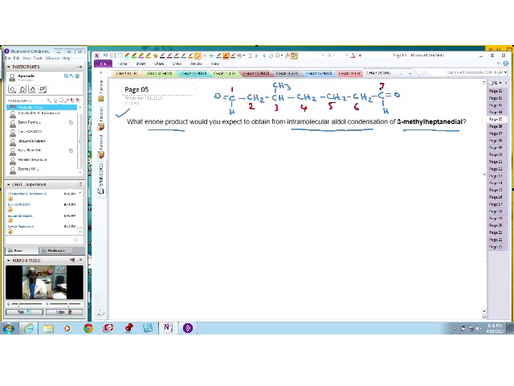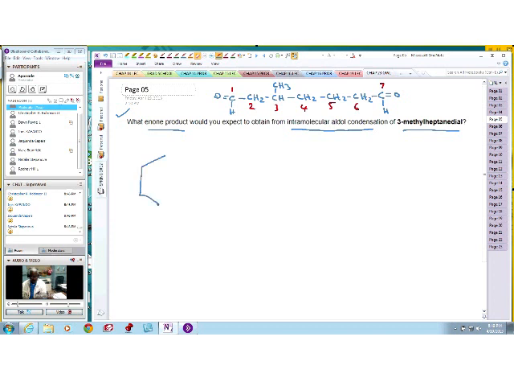Now they want us to see what enal product you would expect from the intramolecular Aldol condensation. Let me write that in a way that we can see and relate to a given product.